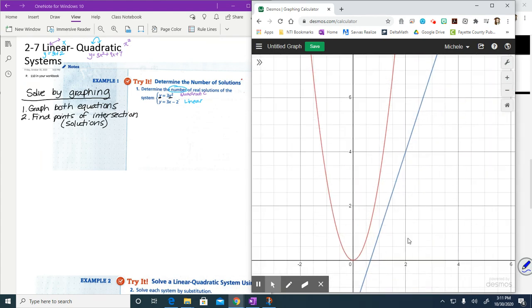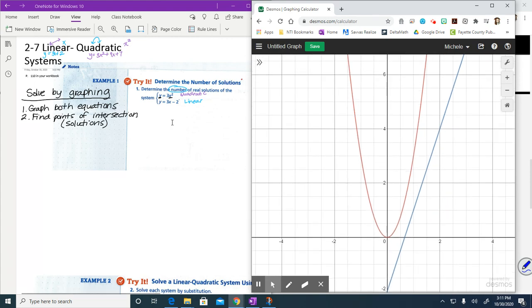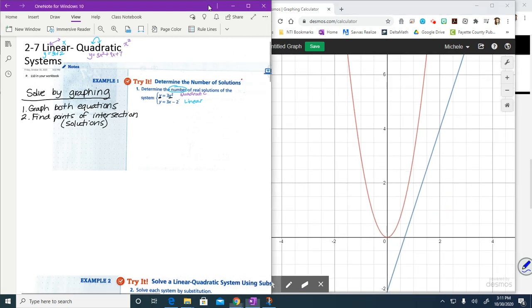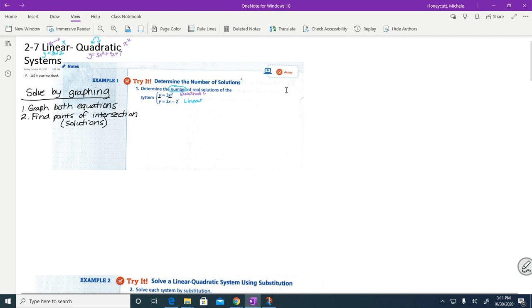And it looks like, nope, they do not intersect. So the number of real solutions to this system would be 0. These graphs do not intersect, so we have 0 solutions or no solutions.